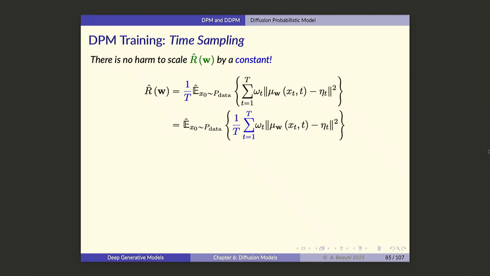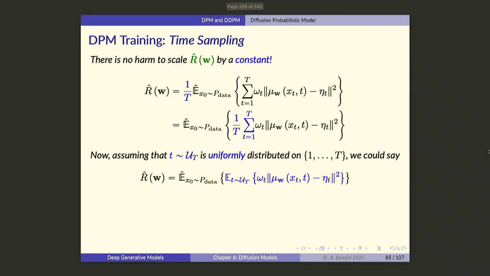Now you look at the guy inside the expectation. What is that guy? What is that blue term doing? Isn't that, again, an averaging over time? Isn't that? Right? So let me just consider t to be one uniform random variable, uniformly sampled from 1 to capital T, right?